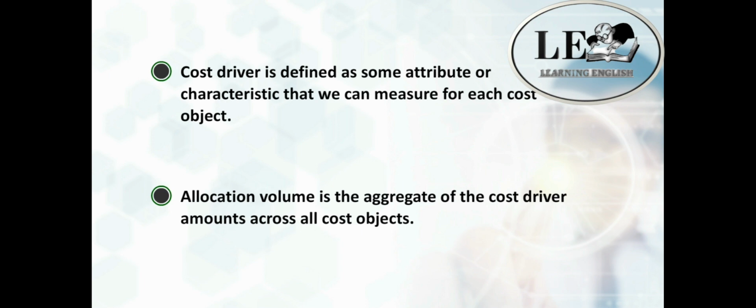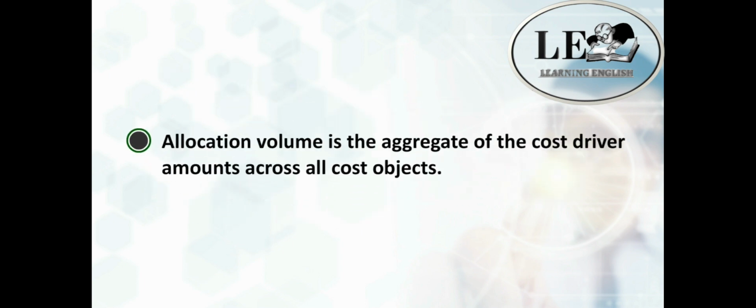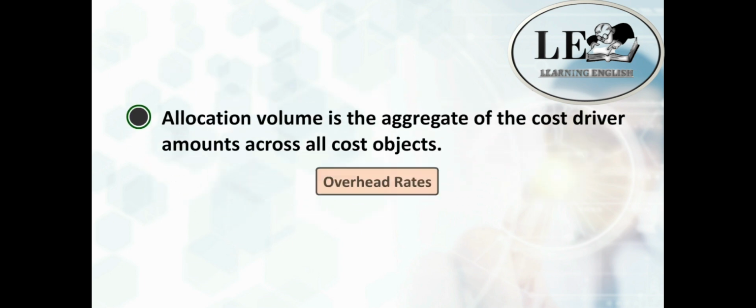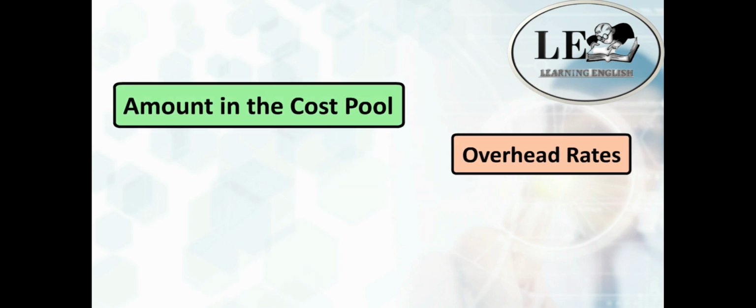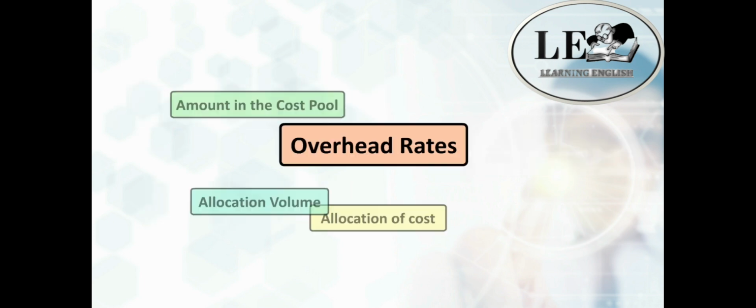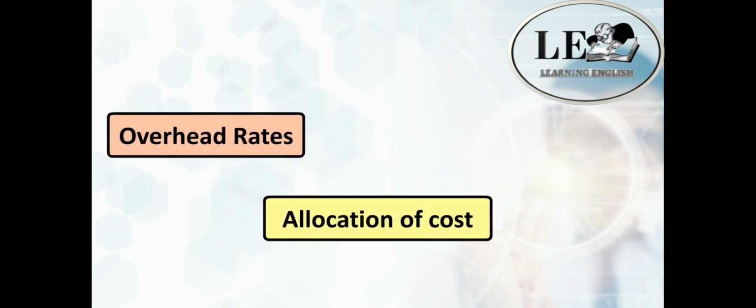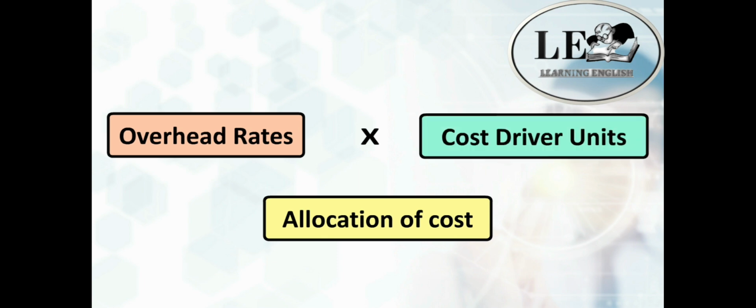Allocation volume is the aggregate of the cost driver amounts across all cost objects. The steps in cost allocation are determined by overhead rates. The overhead rate is the amount in the cost pool divided by the allocation volume. To know the allocation of cost, multiply the overhead rate by the number of cost driver units in each cost object.